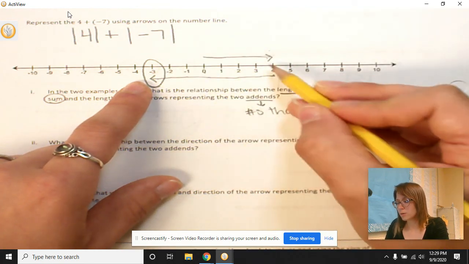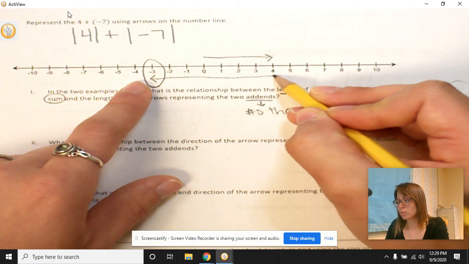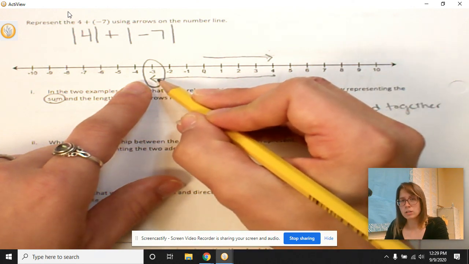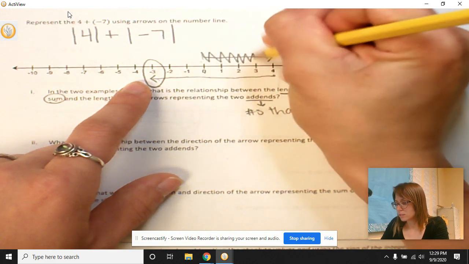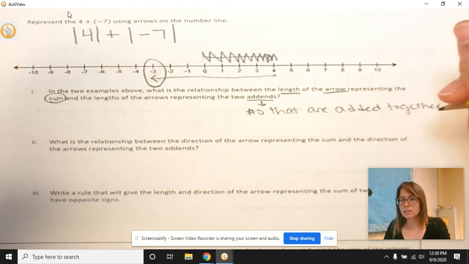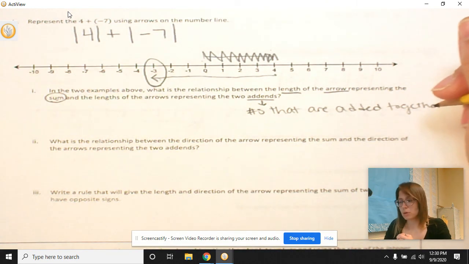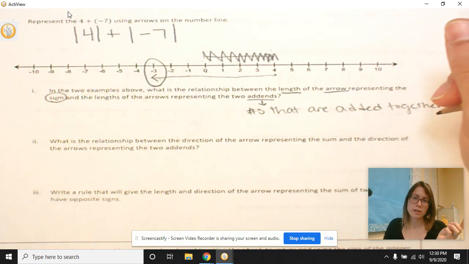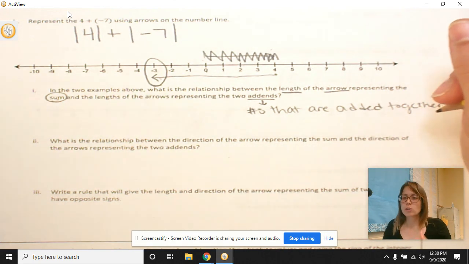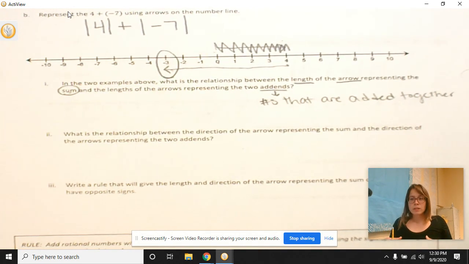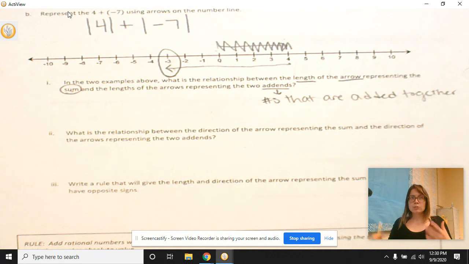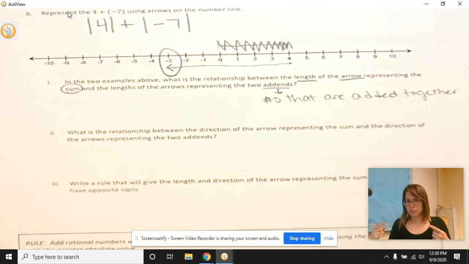Because I started at 0, I went to 4, and then I started at 4 and went to -3. So what they're asking us to do is to begin going straight to the number on a number line rather than starting at 0, going there, then going here, then going there, going back and forth and confusing ourselves, because you know that sometimes the more often that you do something, if you continue doing it the same way, it can become kind of confusing. You learn shortcuts, you learn tricks, okay?